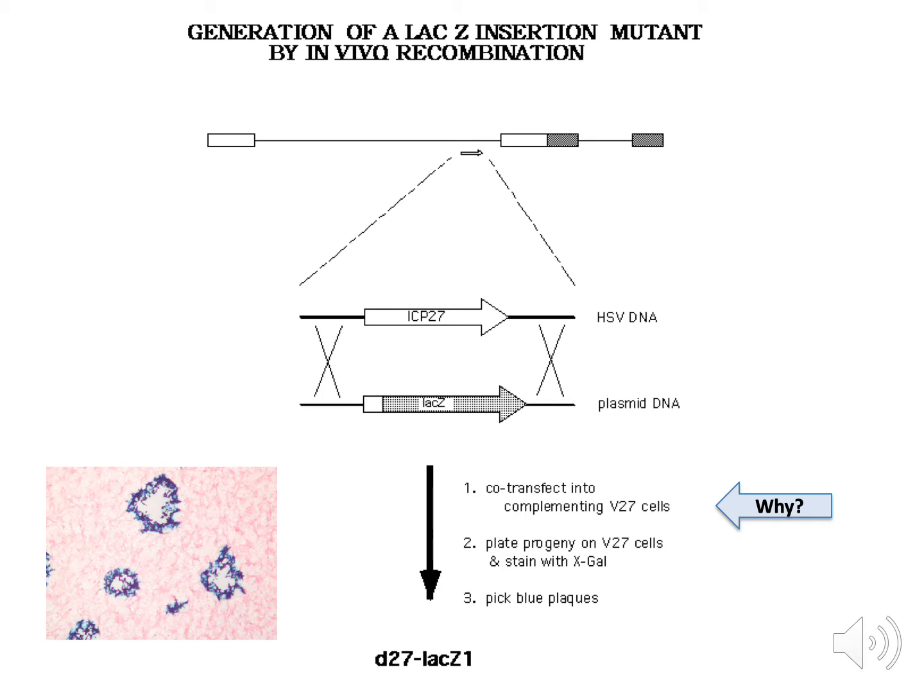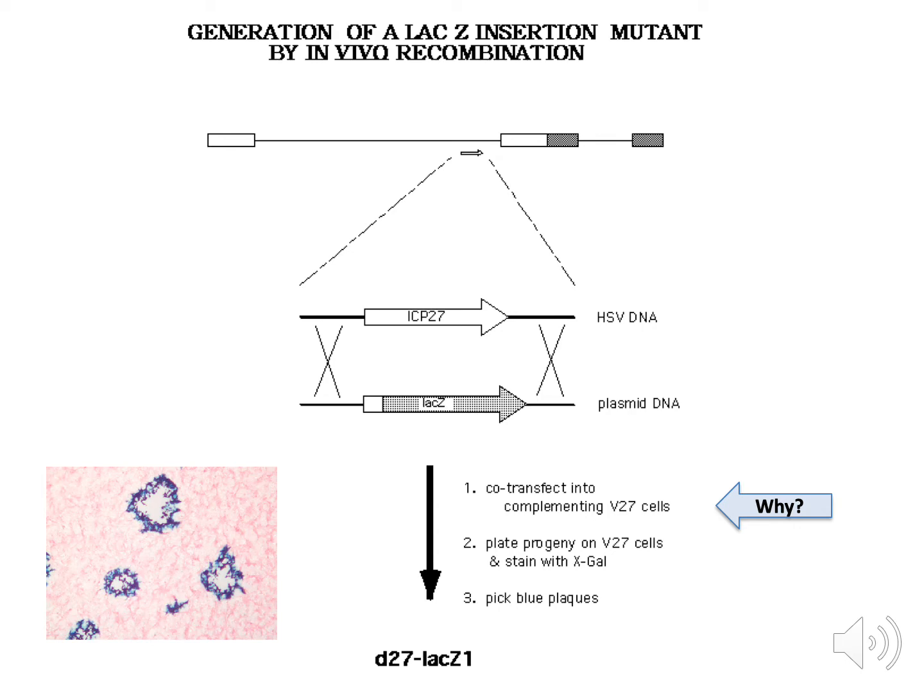And he did it in cells that are called complementing cells, complementing V27 cells. And he did that because he was trying to make a mutant virus that lacked ICP27, that had LacZ in place of ICP27. And ICP27 is essential for replication.